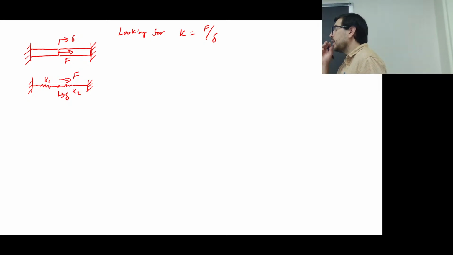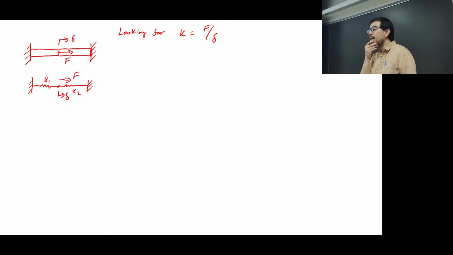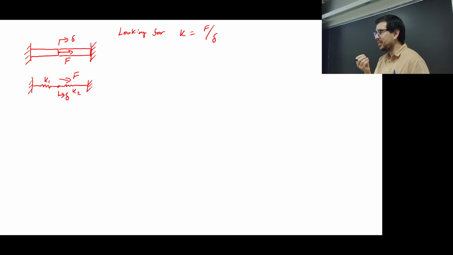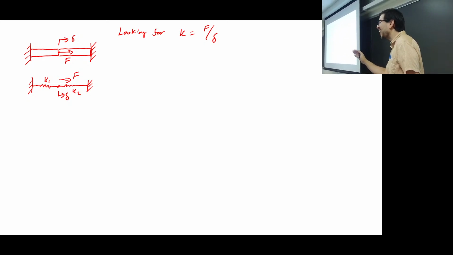Now, we only have kind of two guesses, right? Either springs are acting in series or parallel, correct? In this case, is the force the same in both springs? You can be bold. You said no, it's not.